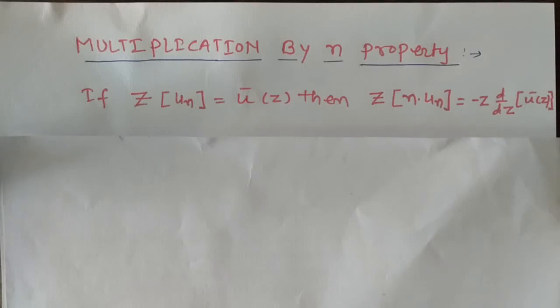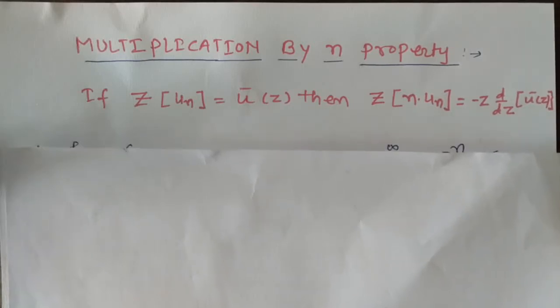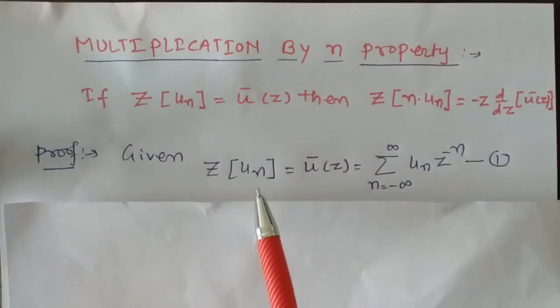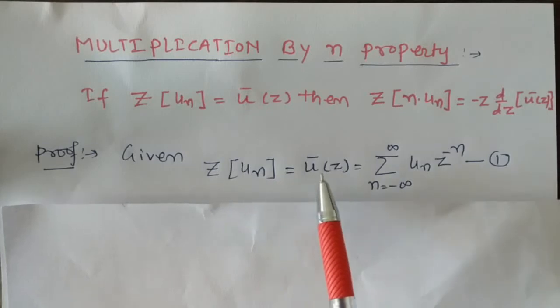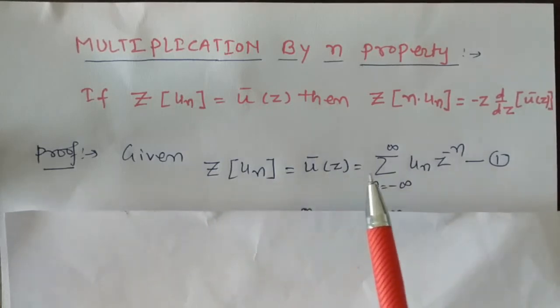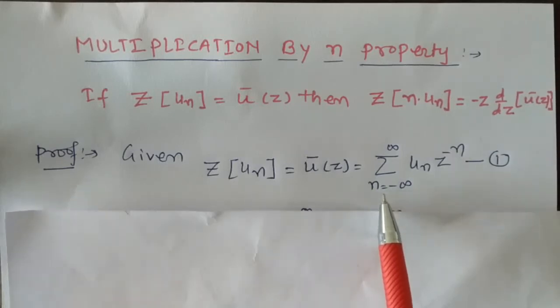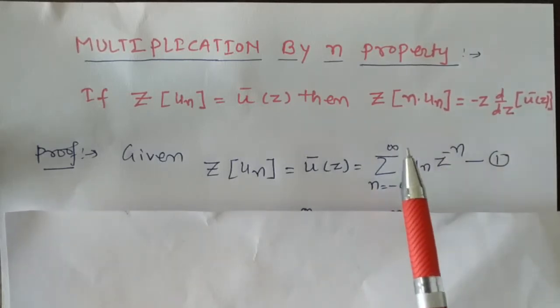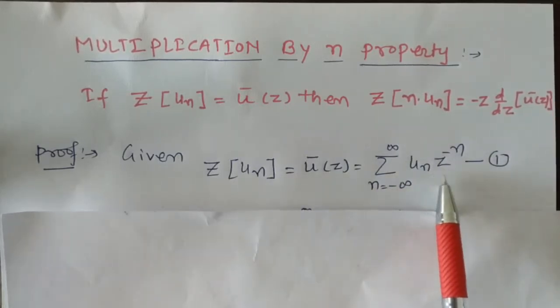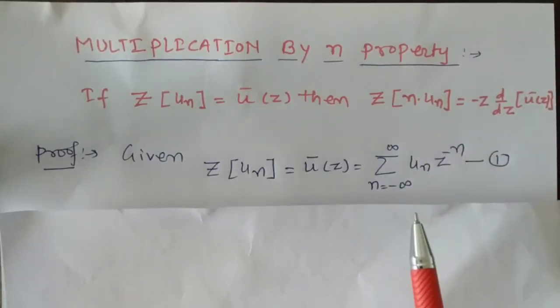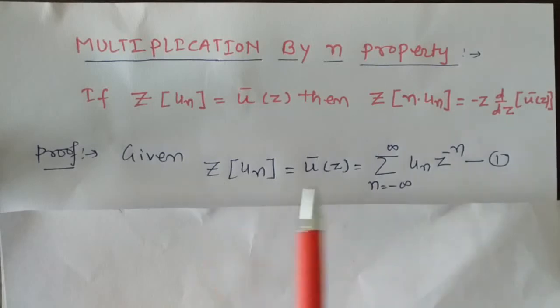So by definition of Z transform, we are given Z transform of the sequence u_n is U bar(z), which by definition is summation n goes from minus infinity to plus infinity u_n z^(-n). Now this is the given U bar(z).